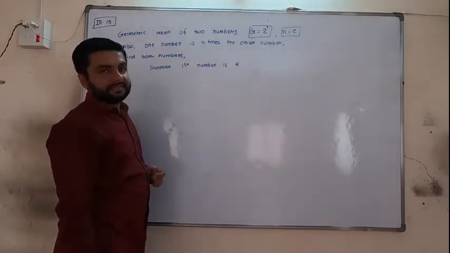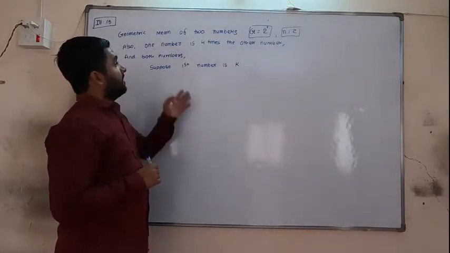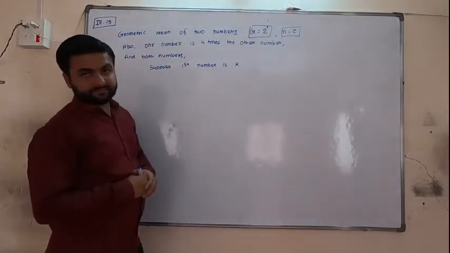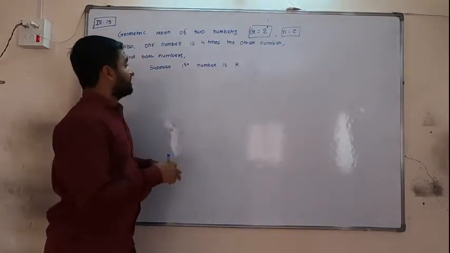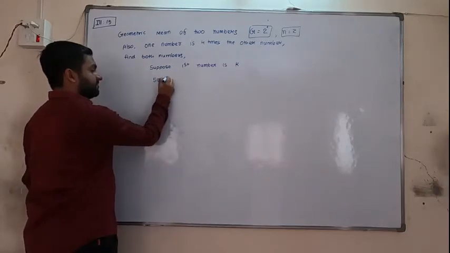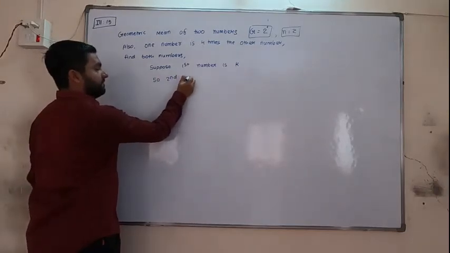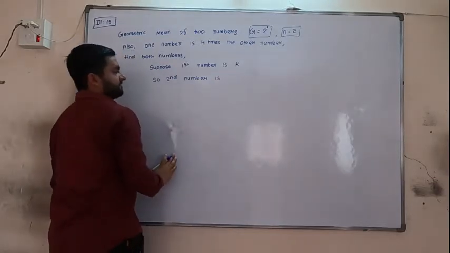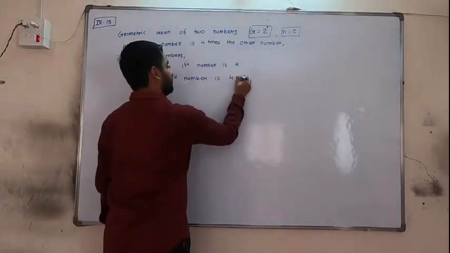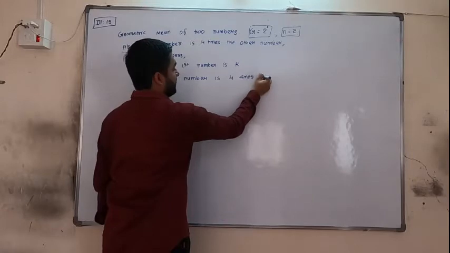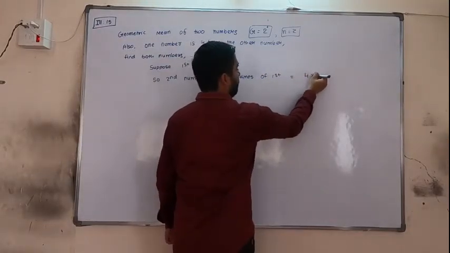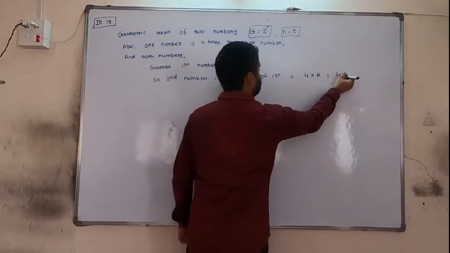First number is k. Now what are they telling? One number is 4 times the other number. So the second number is 4 times the first, which is 4 into k, that is 4k.